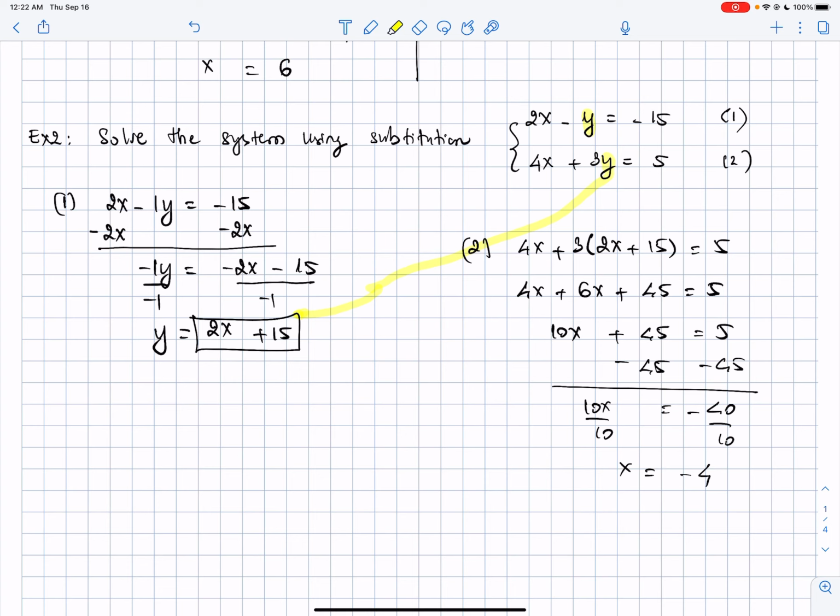However, I already have y solved in here, and that one came from number 1 before. So instead of plugging into number 1, we plug into this one because it's solved for y. So y equals 2 times negative 4 plus 15. So we will get the answer 7. So we conclude that (negative 4, 7) is the solution of the system.